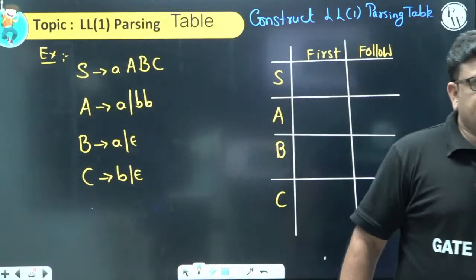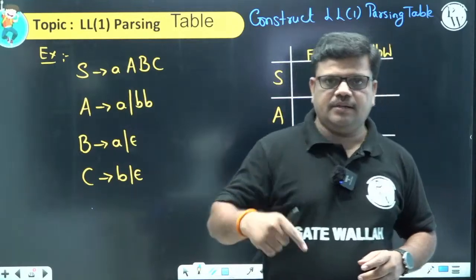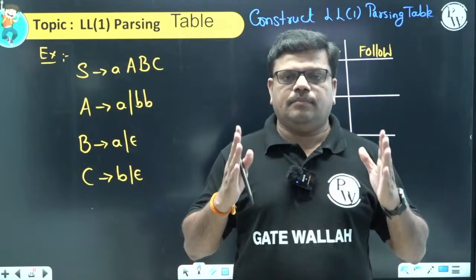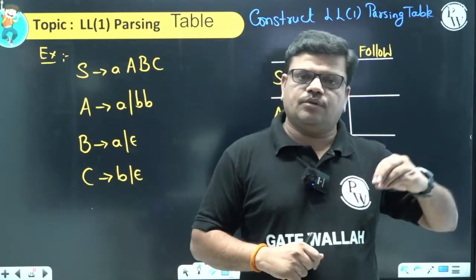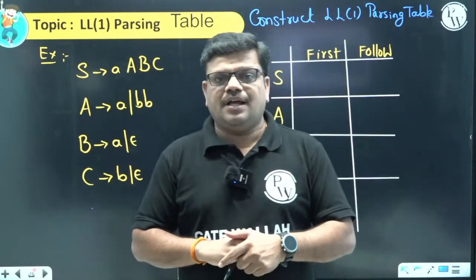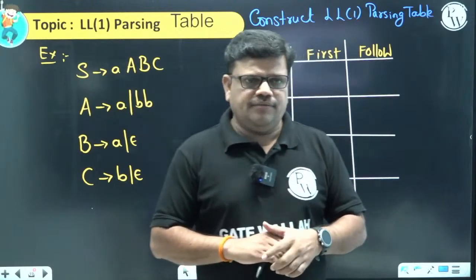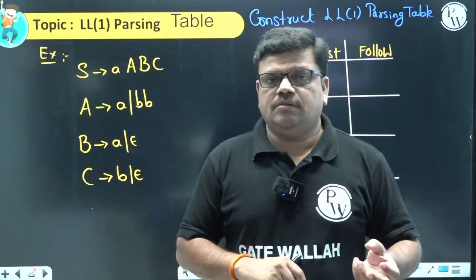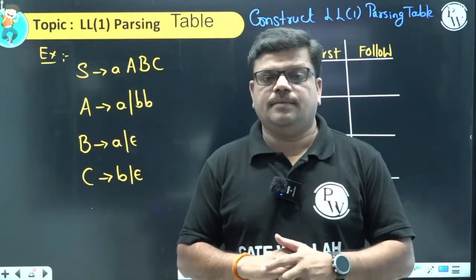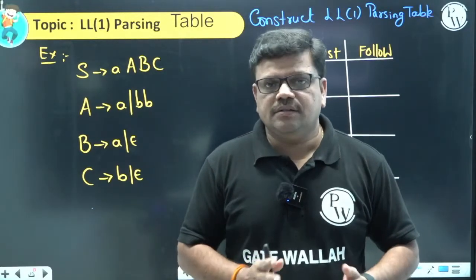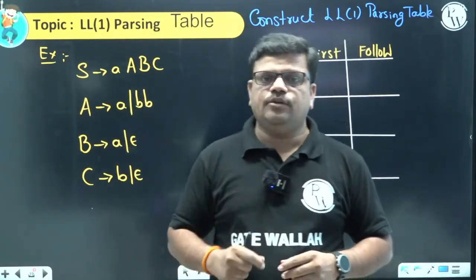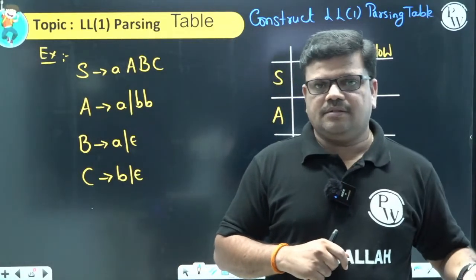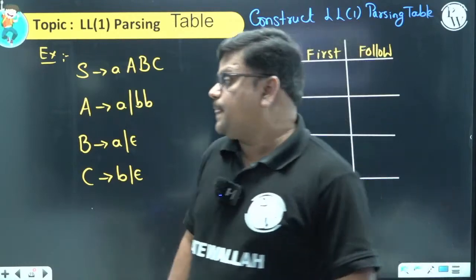In our last class, lecture number 3, we learned how to compute the first set and follow set, and today's class is completely based on those previous concepts. If anybody missed that, just go there; we solved so many questions on first set and follow set calculation. From given grammar productions, how to compute first set values and follow set values, all these things we discussed in the last lecture. Please go through that once.